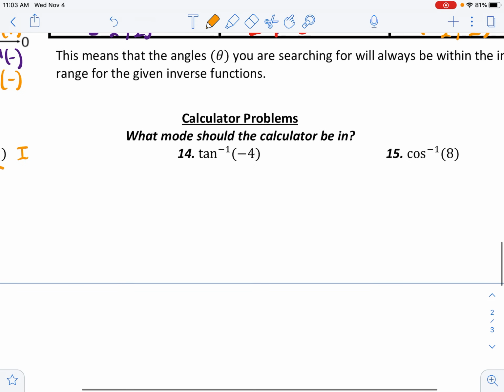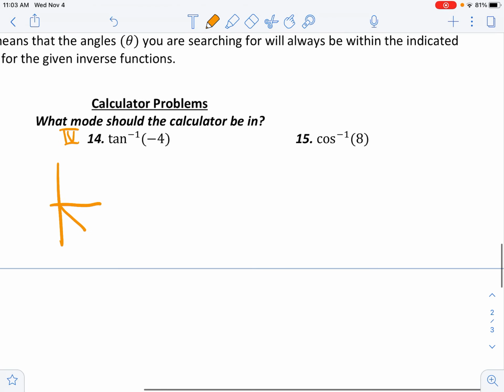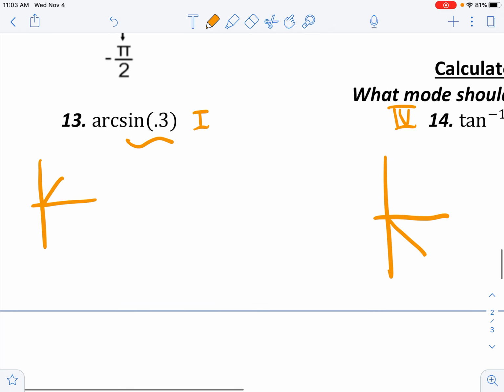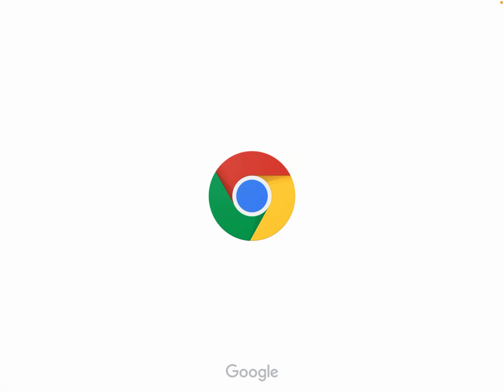Where is sine positive? The first quadrant. So this is in the first quadrant. This is just extra practice that I'm adding because it's good to know. Then we'll put these in our calculator. Tangent inverse is defined in my first and fourth quadrant. Where is tangent negative? In the fourth quadrant. So this is in the fourth quadrant. That's a good practice to think about.